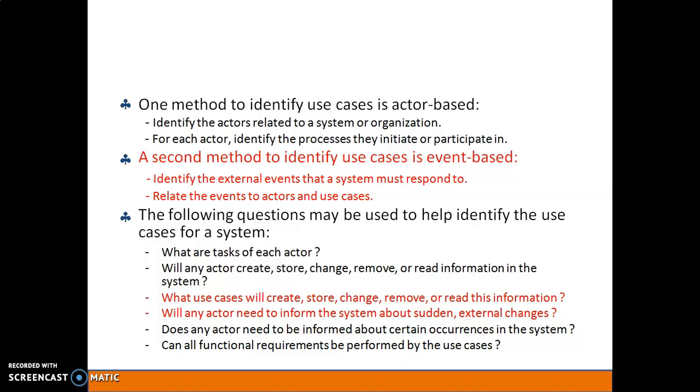These are the main questions that arise while drawing the diagram.